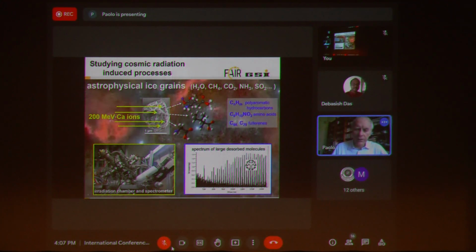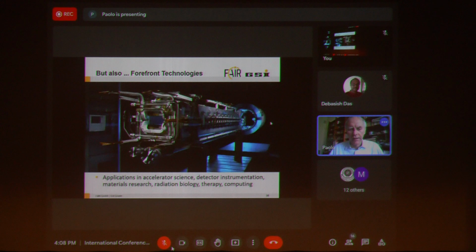And this again, we can do in the laboratory. Many laboratories are studying this type of processes. We think we can do it better, in the sense that we can do it more realistically, because we can have in a fairly big operation the full description of the composition of the spectrum.